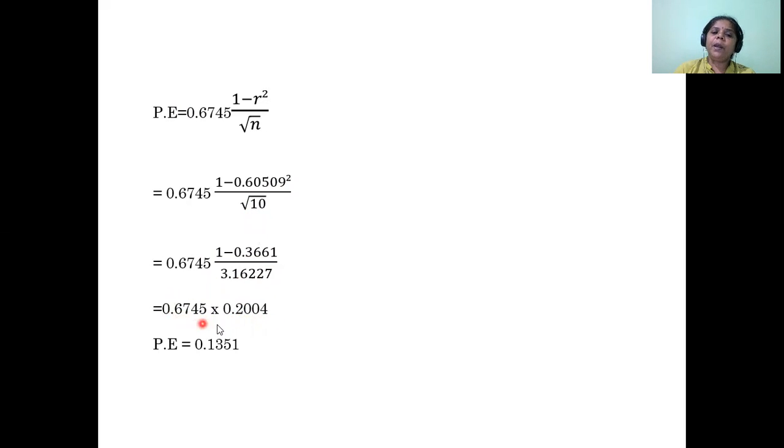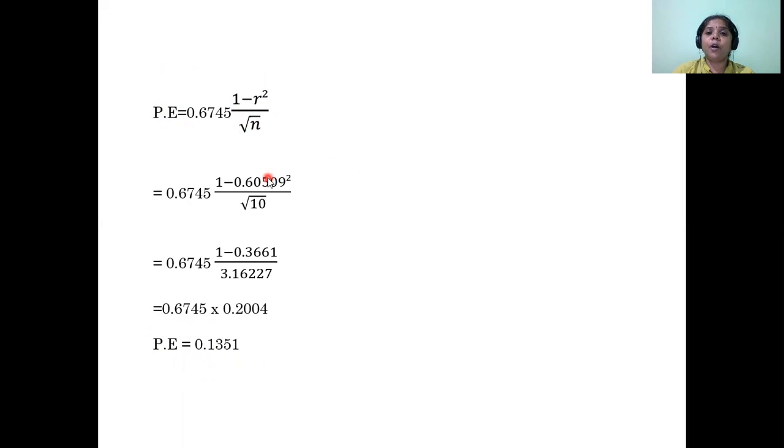If you multiply these two values, you will get a probable error of 0.1351. So this is the probable error of 0.1351.